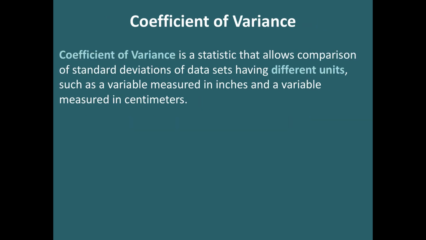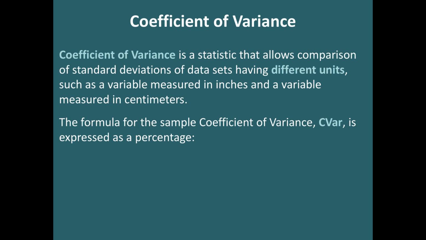Coefficient of variance. The coefficient of variance is a statistic that allows comparison of standard deviations of datasets having different units, such as a variable measured in inches and another variable measured in centimeters. The formula for the sample coefficient of variance, C bar, is expressed as a percentage.